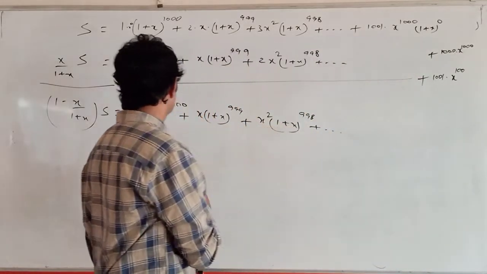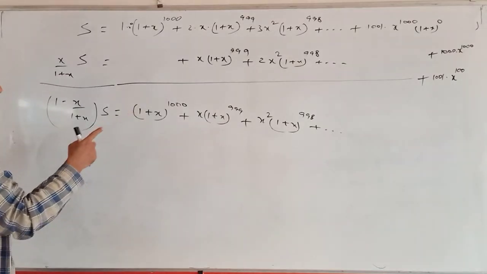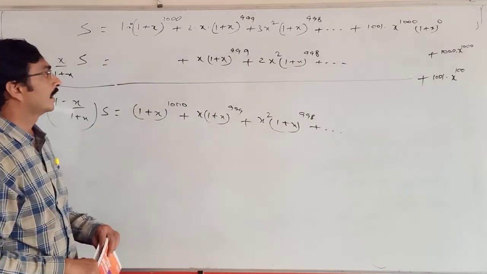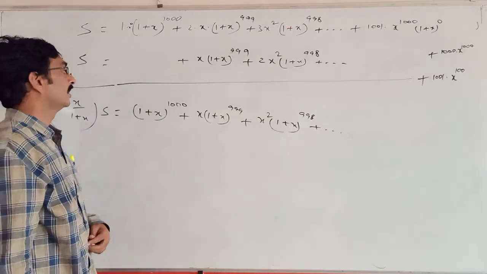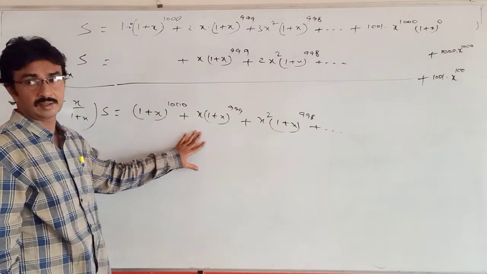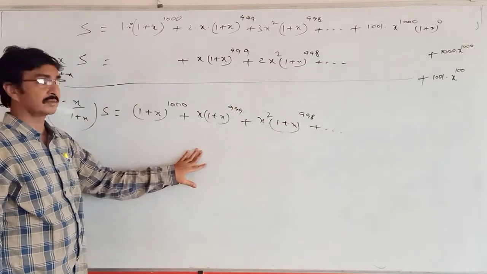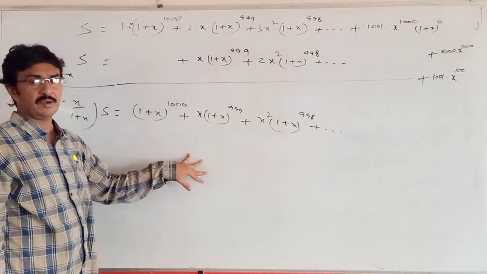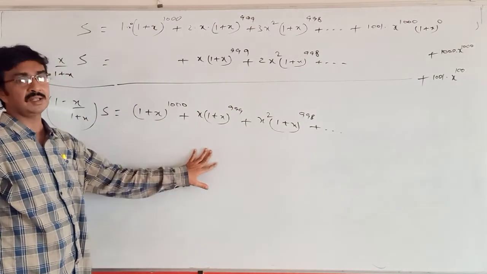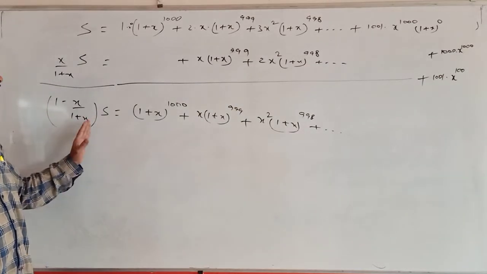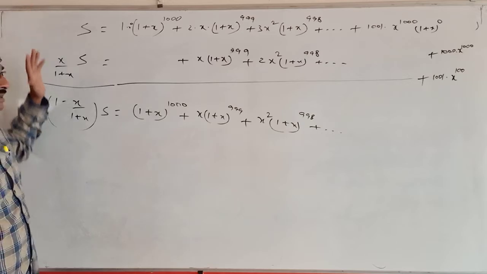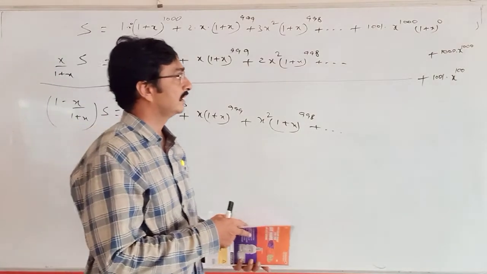Now clearly they are in GP and the number of terms is 1001. So we do it the same way as we did the sum above. By using the formula for the sum of n terms of a GP we can simplify this. By dividing, we get S. From that we can find the coefficient of x power 50 by the above similar method.